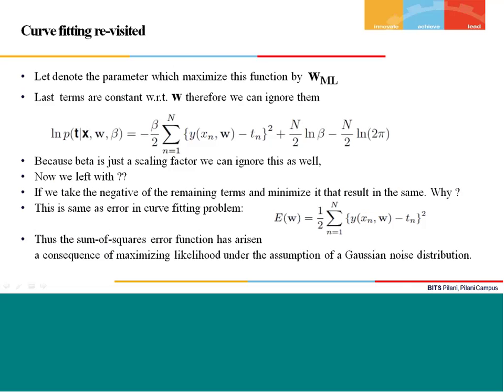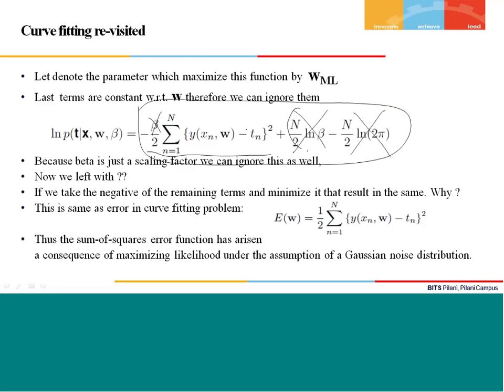Now I want to maximize it. When I want to maximize it, I will take the derivative with respect to W. When I take the derivative with respect to W, this is constant, it goes away. This is constant, this goes away. This is just a scaling factor, it goes away. What do you mean by it goes away? It means that whatever value W gives that will maximize this expression, that same value will also maximize this whole expression.